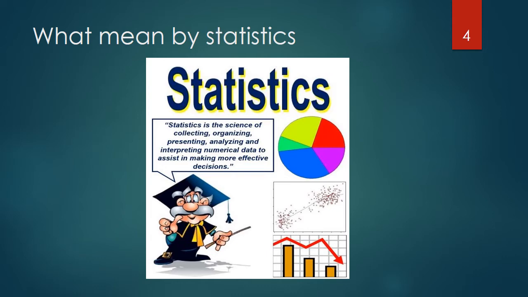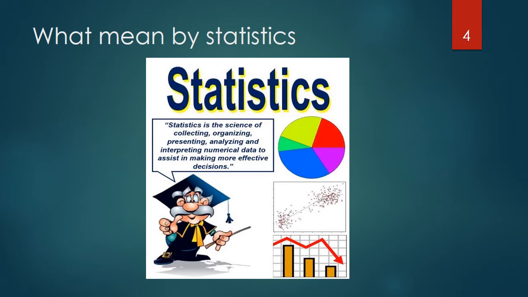Okay, then we should define what we mean by statistics. It's not a one-word thing, it's a combination, or rather a process of work. Statistics is the science of collecting, organizing, presenting, analyzing and interpreting numerical data to assist in making more effective decisions.